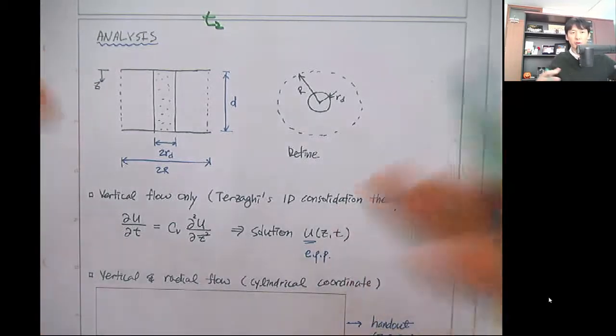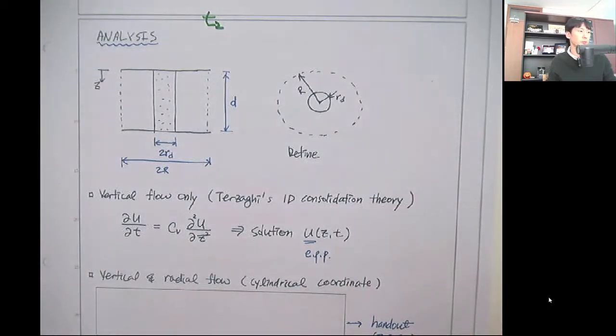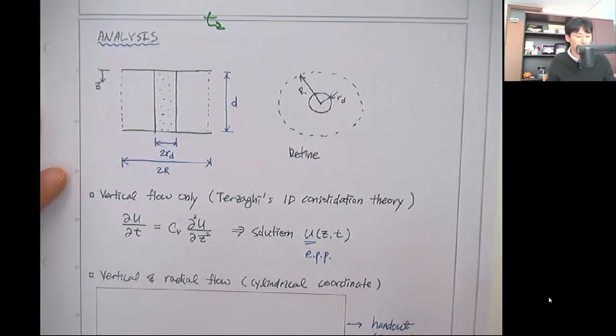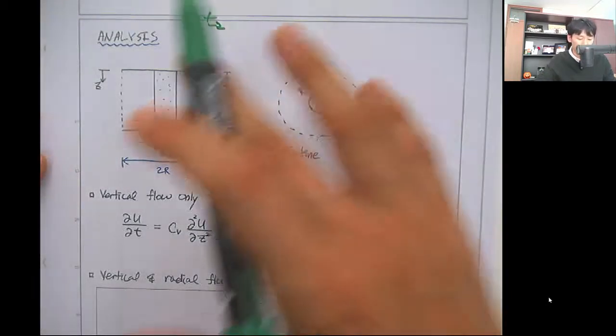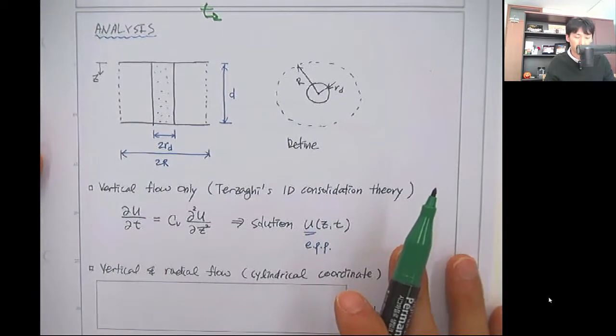For example, for a certain area we have to install the drainage pipe or sand drains at maybe 1 meter distance, or every 3 meters, or every 5 meters. That kind of decision can be made if you do some analysis that we're going to cover here.